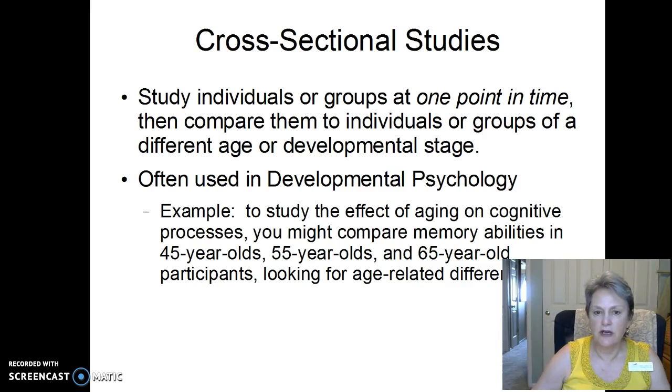It's often a strategy used in developmental psychology. An example of cross-sectional is to study the effect of aging on cognitive functioning. So you might compare memory abilities in 45-year-olds, 55-year-olds, and 65-year-olds, looking for age-related differences that you can then generalize to the public.